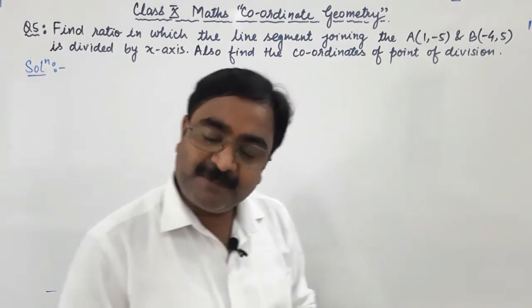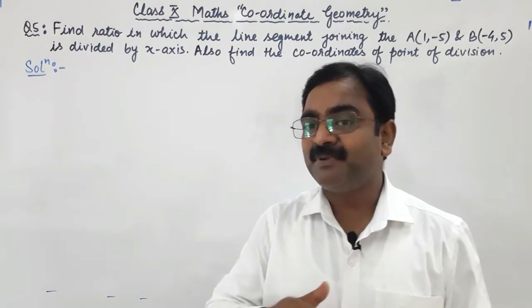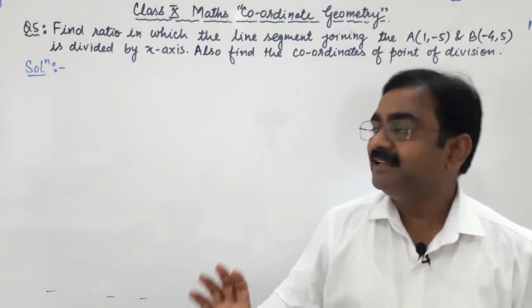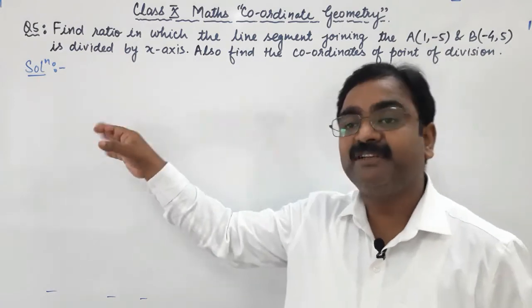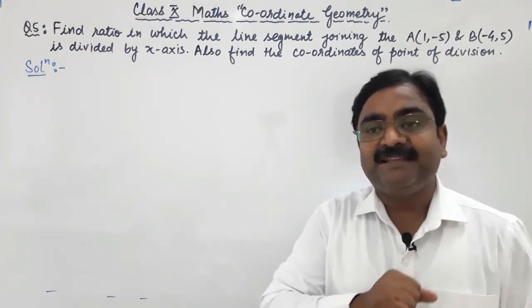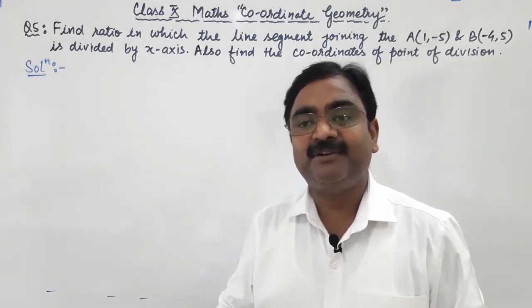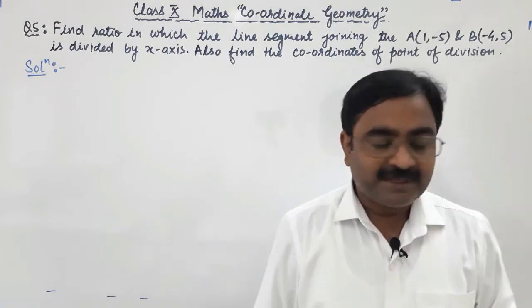This type of question we also discussed in the example, but there it was divided by the y-axis, and here it is divided by the x-axis. So I think it is required to give the solution of this question to you all also, right?